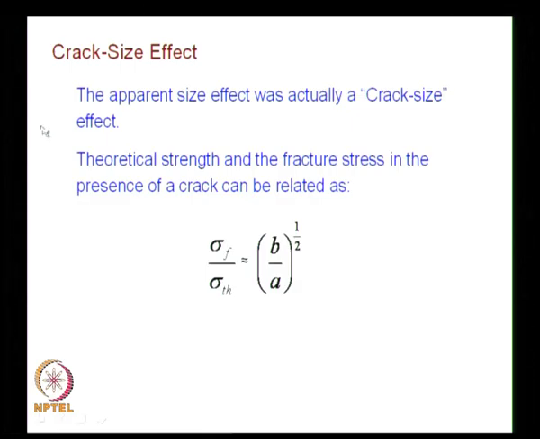We have looked at from very simplistic analysis that you get energy from strain energy for the formation of two new surfaces, and we were able to get the expression for fracture strength. So, what Griffith concluded was the apparent size effect was actually a crack size effect.